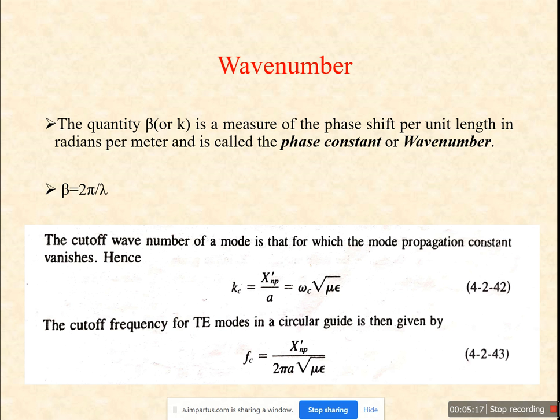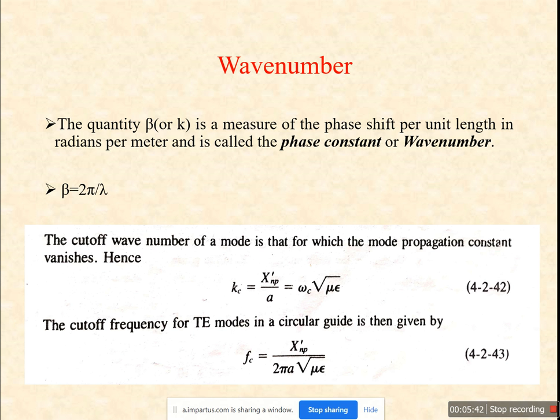It will also be used in one of the questions. Simply remember that phase shift per unit length is known as beta, 2 pi upon lambda. The unit of lambda is meter. 2 pi means a complete revolution, the circumference, that is 2 pi radians, so radian per meter.